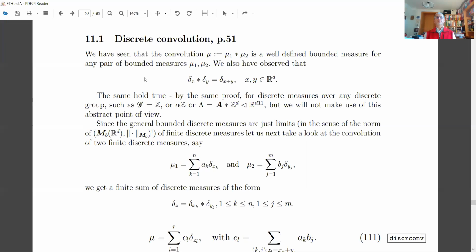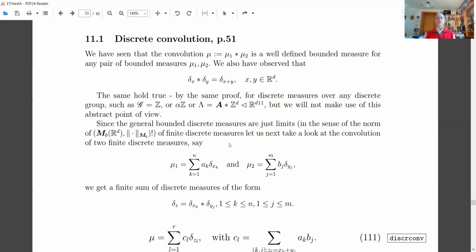So we have seen already, mentioned several times, that Dirac measures convolve in the appropriate way. So we can ask, what happens if we take finite linear combinations of discrete measures? So, finite discrete measures. They're kind of the prototypical measures because they approximate, only in the weak star sense, but they approximate arbitrary measures.